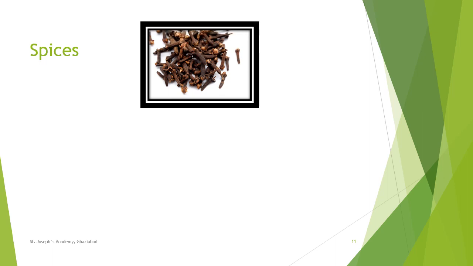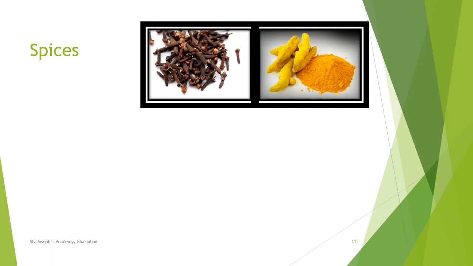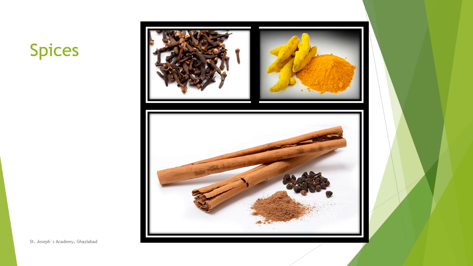Now we come to the next, which is spices. The first picture is of cloves, second is of turmeric, third is of cinnamon. All these are the spices which we use in our day-to-day life, in our vegetables or in other forms.